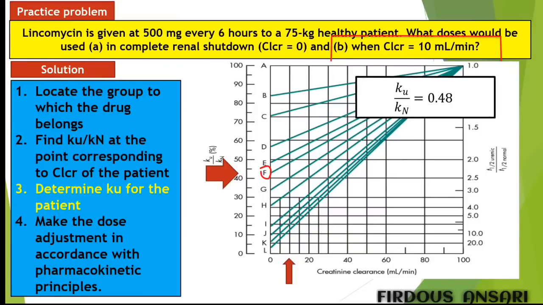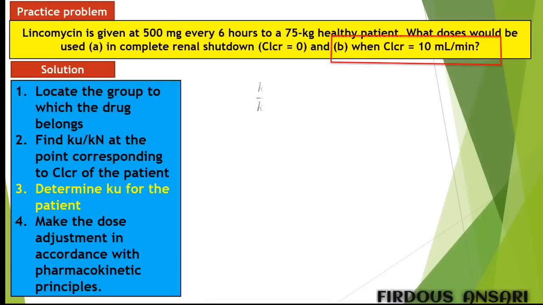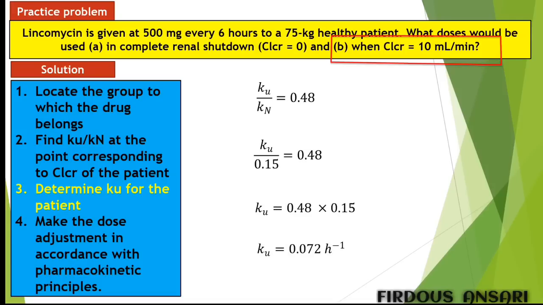Next, find the value of Kn using the table provided by Welling and Craig. So that is 0.15. So very simple, Ku equals 0.48 multiplied by 0.15, and we got the value of 0.072 per hour.